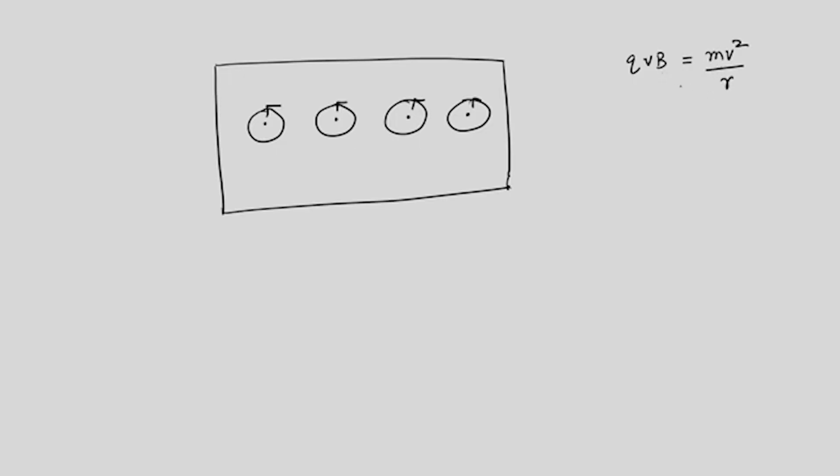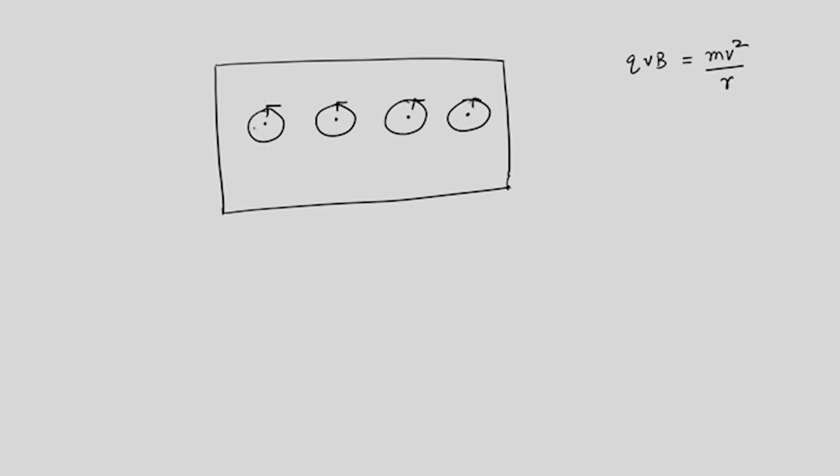So, you see that B and R are inversely proportional to each other, which means if B is large, R is small, and that is exactly what we see here. And these dots represent the magnetic flux lines that penetrate the sample. So, these electrons undergo a circular motion about these points, but that is only the story that happens in the bulk.